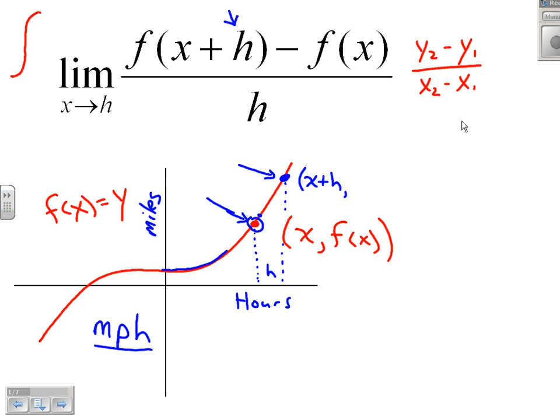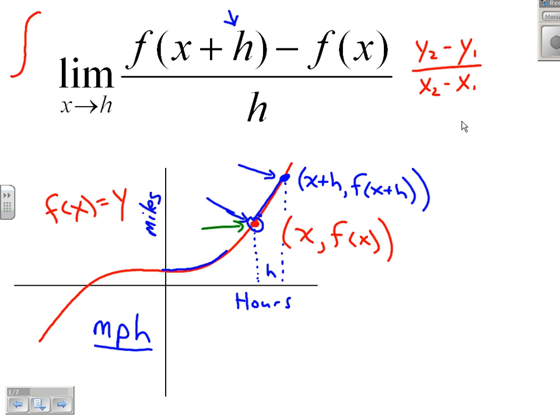The y coordinate would be f of that, f of x plus h. And then I could find the slope of the line joining those two points, although I don't believe it is straight. I think there's a curve through there. But if we found that, we'd at least be somewhere in the ballpark of what our speed in miles per hour is right here.